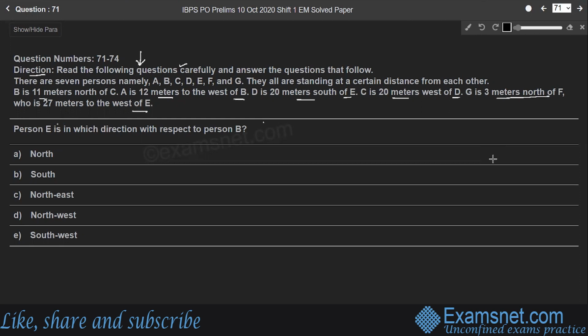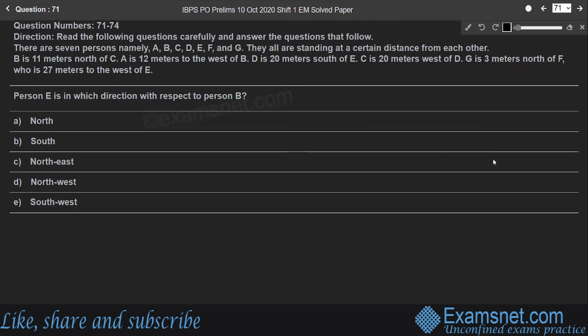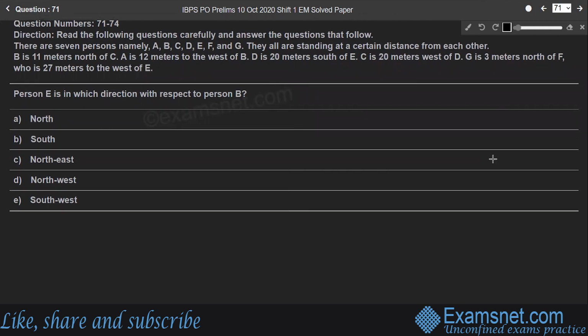Then person E is in which direction with respect to person B? Consider all this information one by one. Before that, consider all the directions: north, south, east and west. The first point is B is 11 meters north of C. So consider person B is standing here.